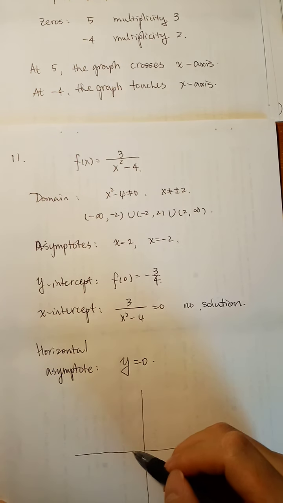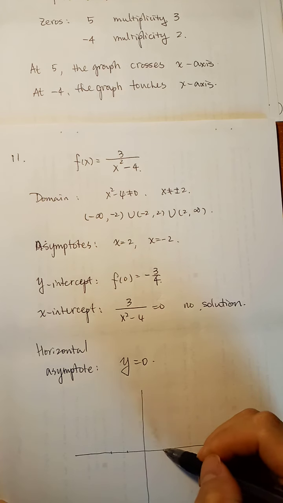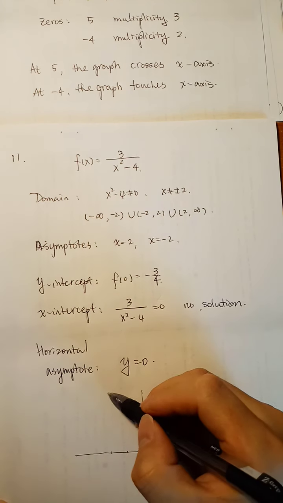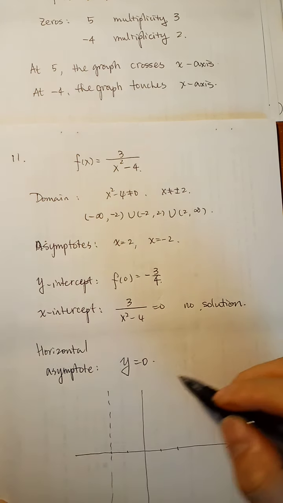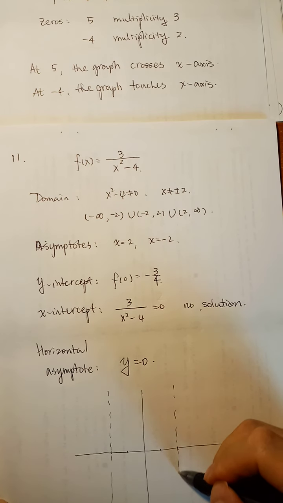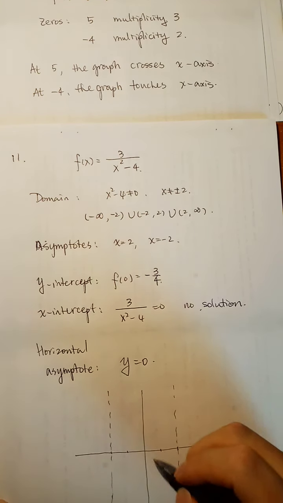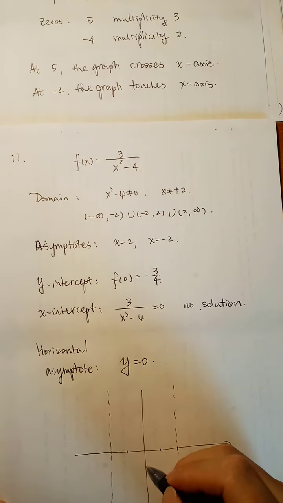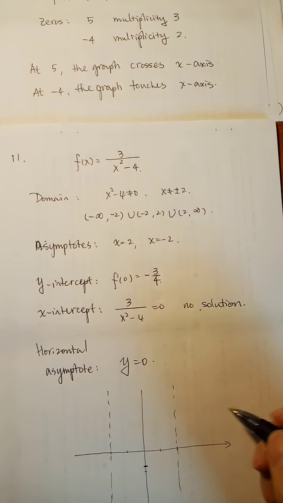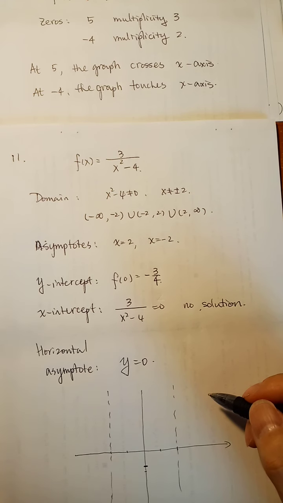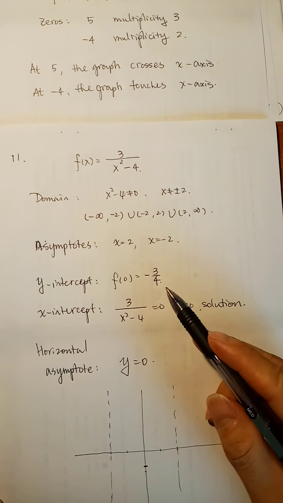Plus minus 2. Negative 3/4. Okay, and that's it. We only have 1 point.